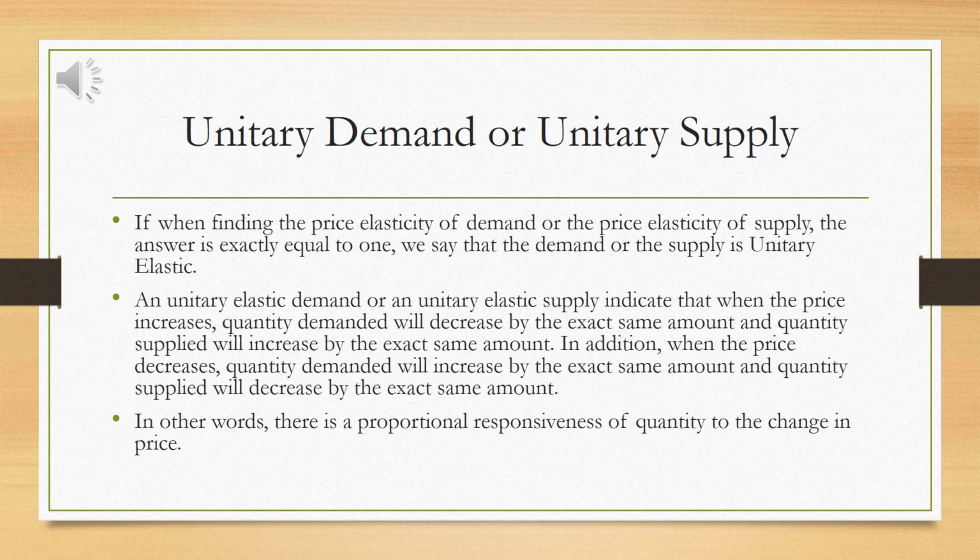A unitary elastic demand or a unitary elastic supply indicates that when the price increases, quantity demanded will decrease by the exact same amount, and the quantity supplied will increase by the exact same amount. In addition, when the price decreases, quantity demanded will increase by the exact same amount, and quantity supplied will decrease by the exact same amount.